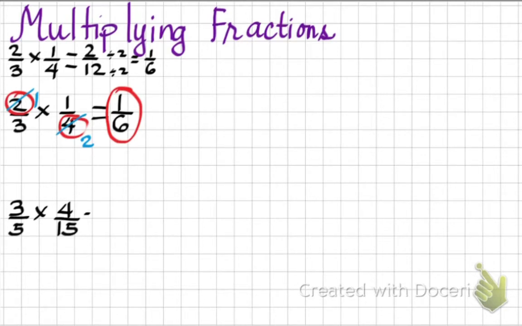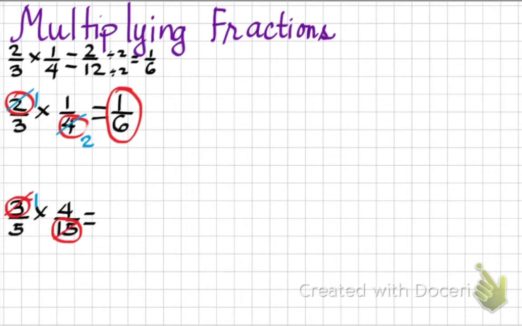Now let us look at another example. Let's look at these fractions. 3/5 times 4/15. Let us look at the numbers in the numerators and in the denominators that share the same common factor. In our case here, we have 3 and 15 that share the same common factor, which is 3.